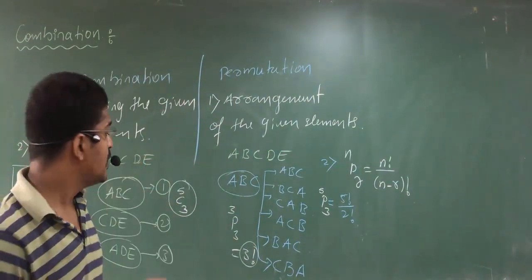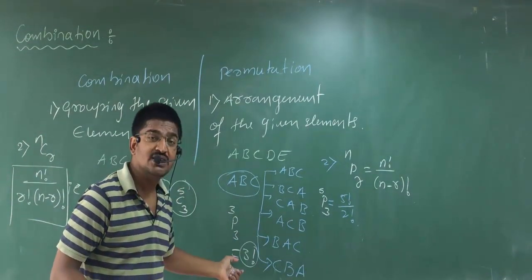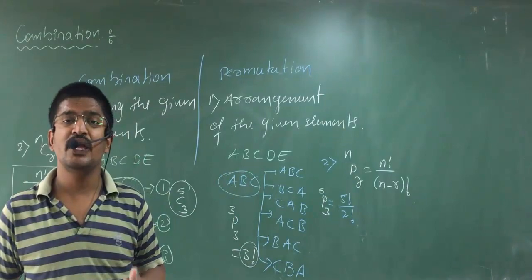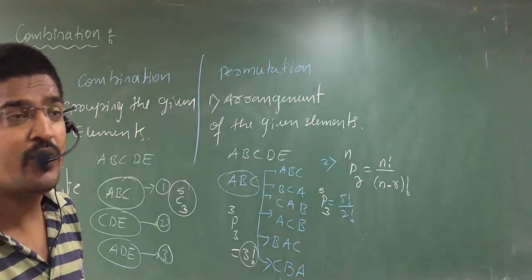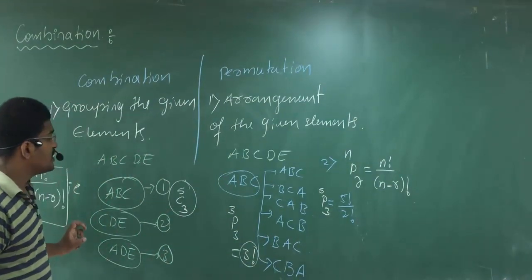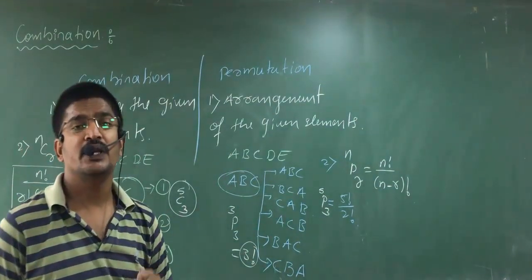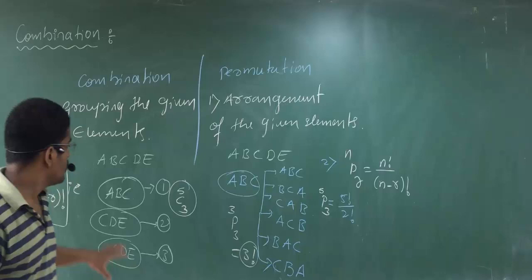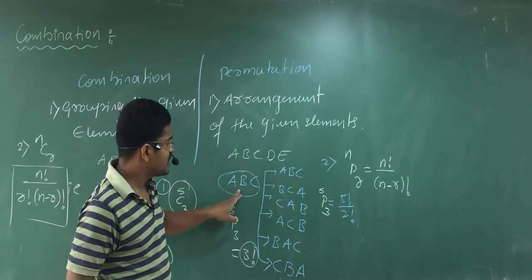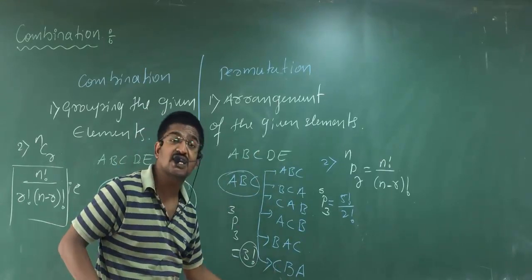Are you getting my point? 6 arrangements from every 3 elements can be done. Are you getting my point? So for that reason, permutations are always greater than combinations. Please make sure of this, because out of these 5 you take 3, and from these 3 you can make 6 arrangements.